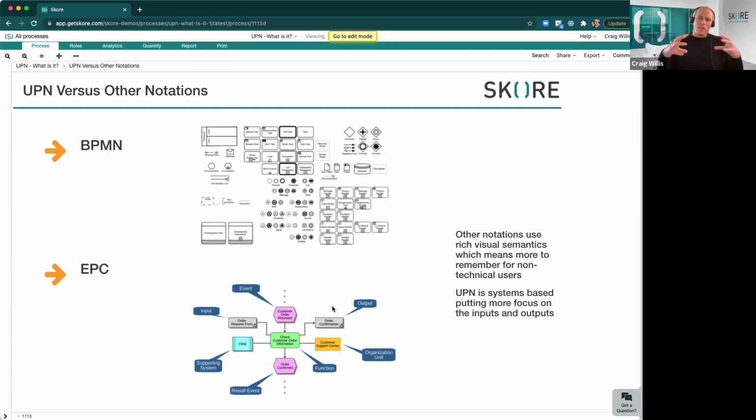If you go back to what I was saying about UPN being based on a systems-based modeling approach, what's really important is the recognition of complexity that can't always be controlled. Therefore we start to treat systems as a black box, and we may be able to understand it or we may not. Until we investigate, we don't know.